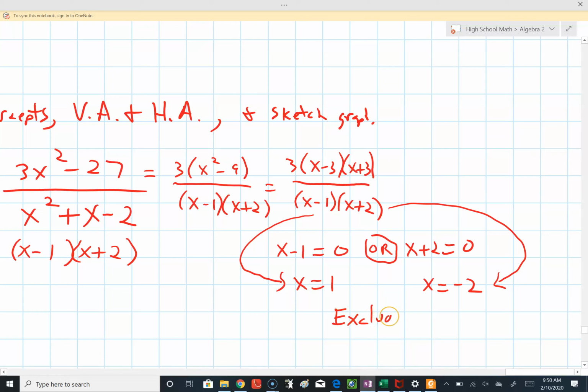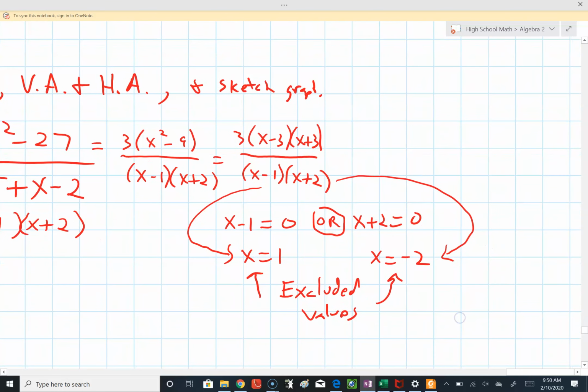Why are they excluded? Very good. They also will often be vertical asymptotes, unless there's a like factor in the top, then they will be what? Very good. Okay. And since we have no like factors in the top, they are going to be vertical asymptotes.